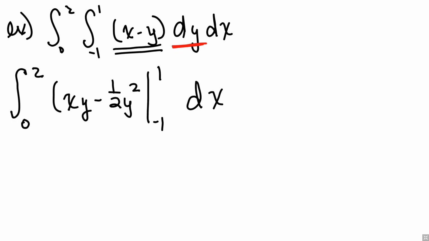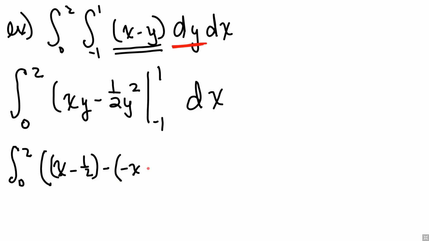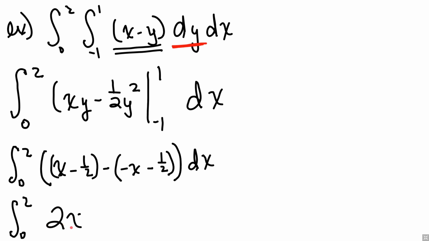So what I'm going to do first is evaluate. I'm going to have the integral from 0 to 2. If I plug in 1, I'm going to have x minus 1/2. Minus, if I plug in -1, I'm going to have negative x minus 1/2. So if I clean this up, I'm going to have the integral from 0 to 2 of just 2x dx.